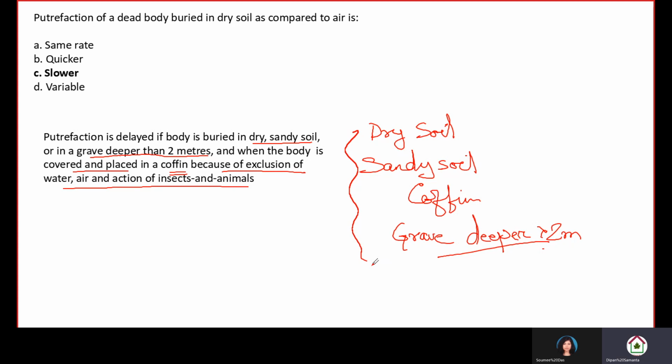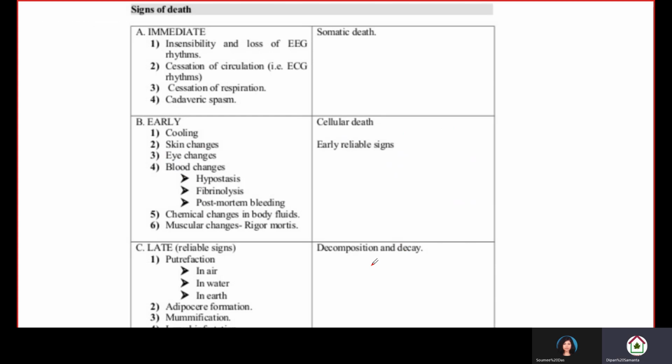Okay, these are the signs of death. Immediate signs of death are insensibility and loss of EEG rhythms, then cessation of circulation, ECG rhythms, meaning heart, and cessation of respiration, then cadaveric spasm occurs. This we call somatic death.